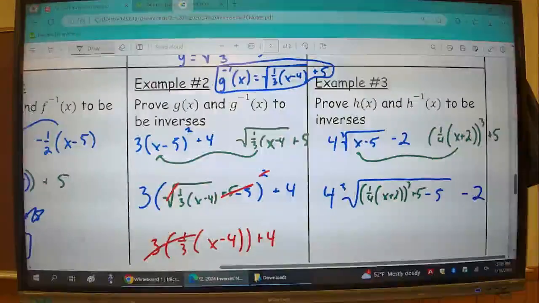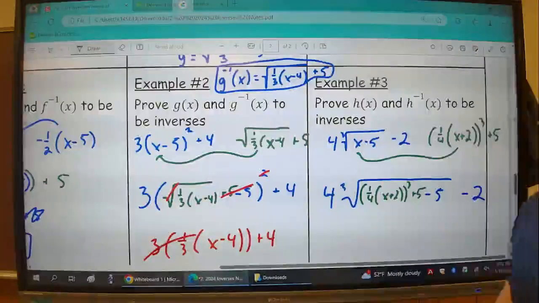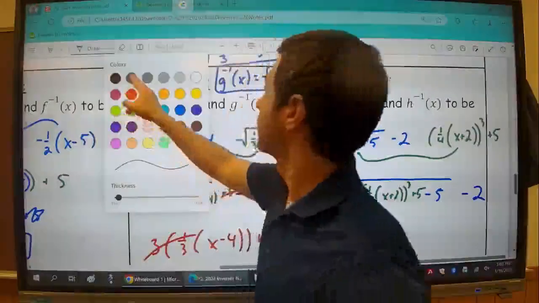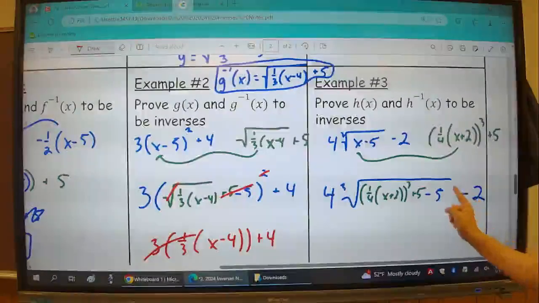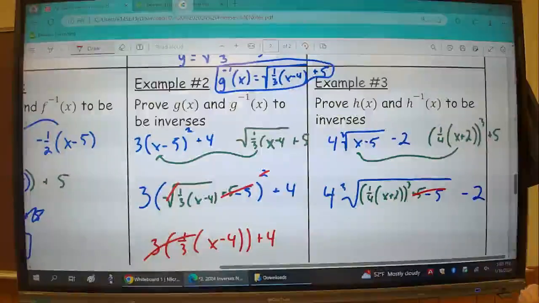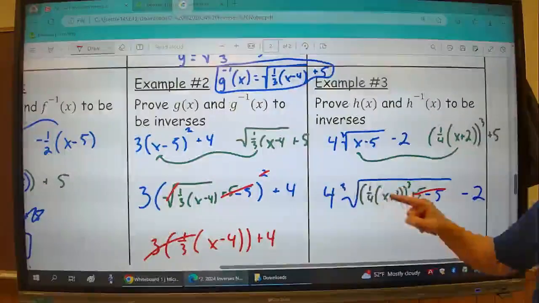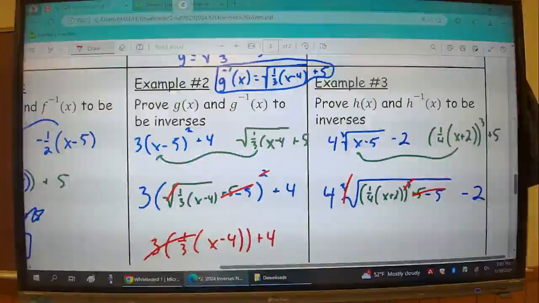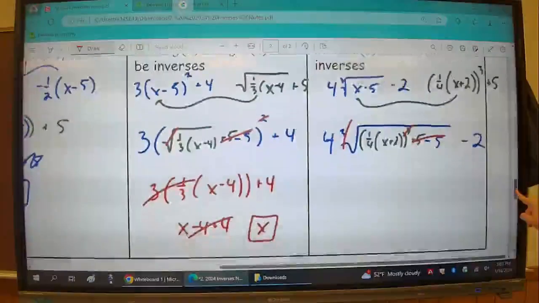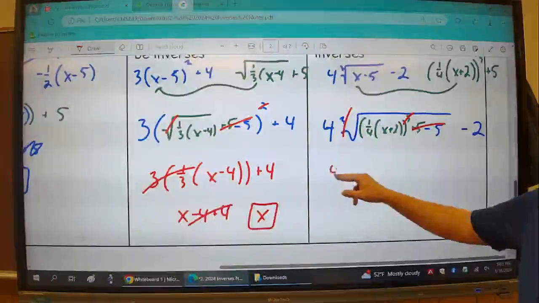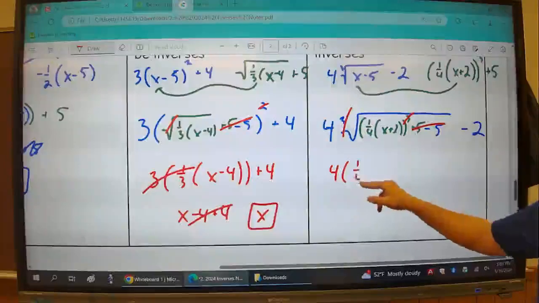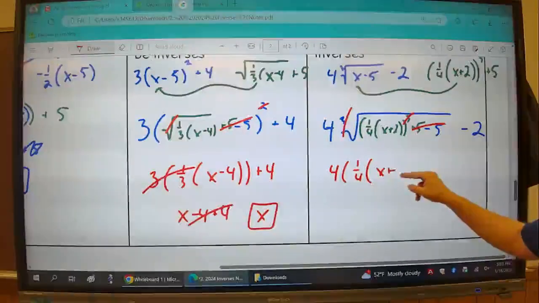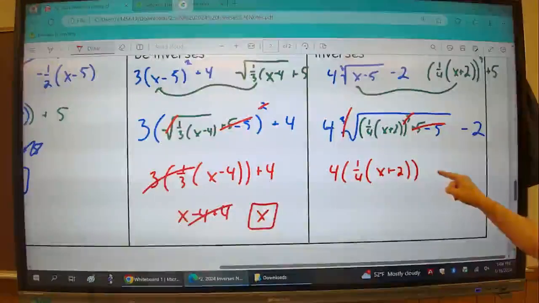And I see a couple of things that are going to cancel. I see plus 5 minus 5 will cancel. I see this cube root and this cube will cancel. If I cancel both of those things right now, I'm left with 4 times 1/4 times x plus 2, minus 2.